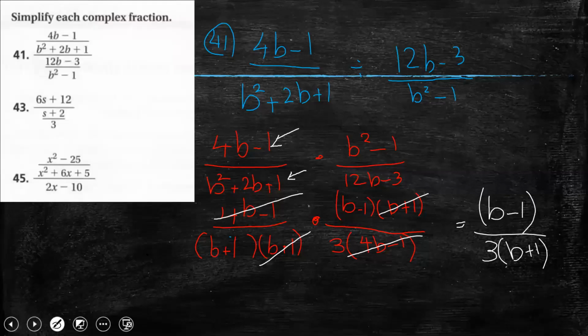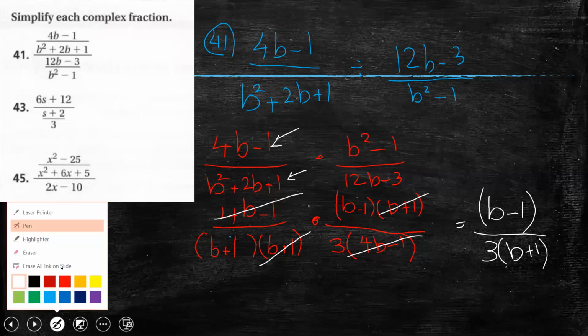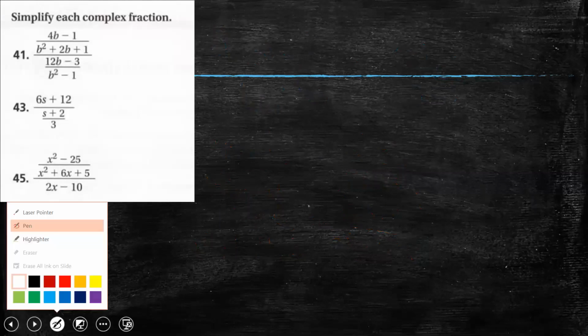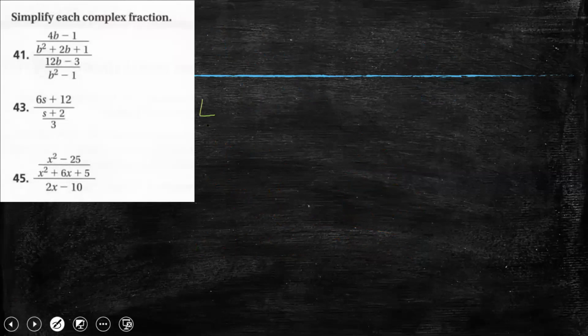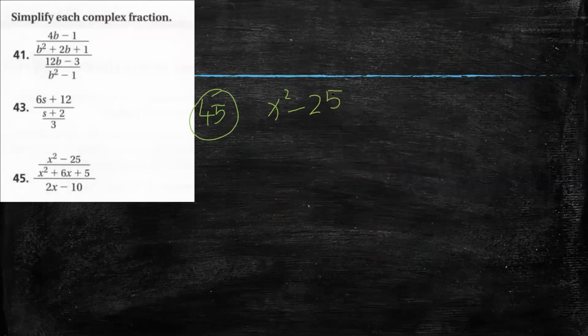Let's solve now number 45. In 45 here we have x squared minus 25 over x squared plus 6x plus 5 divided by 2x minus 10.